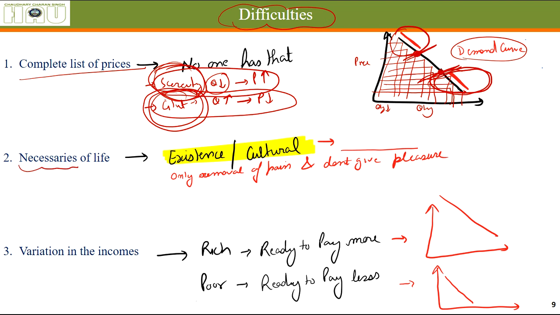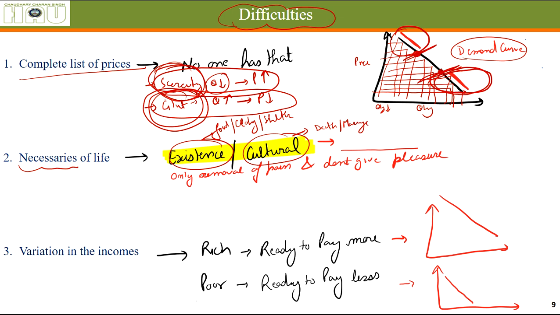Necessaries of life, necessaries of existence, and cultural necessaries, such as food, clothing, and shelter, and some cultural necessaries, in terms of the things we are supposed to do when somebody dies, or at marriages.